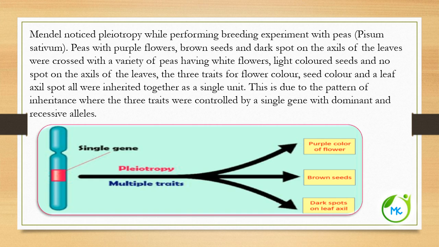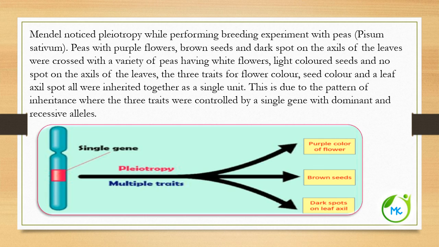Mendel noticed pleiotropy while performing breeding experiments with the pea plant Pisum sativum. He observed that peas with purple flowers, brown seeds and dark spots on the leaf axil were crossed with a variety of peas having white flowers, light colored seeds and no spot on the axil of the leaves.